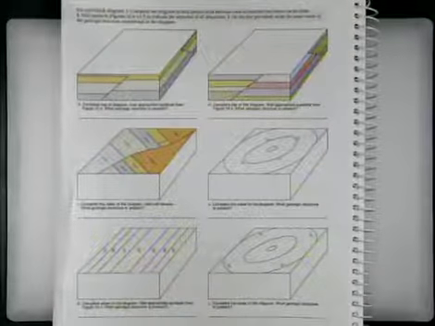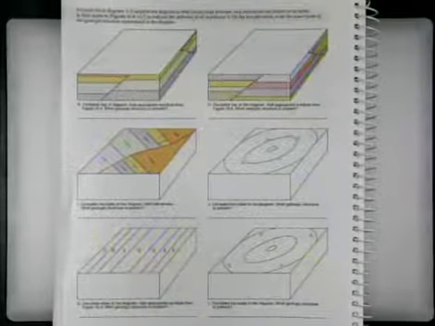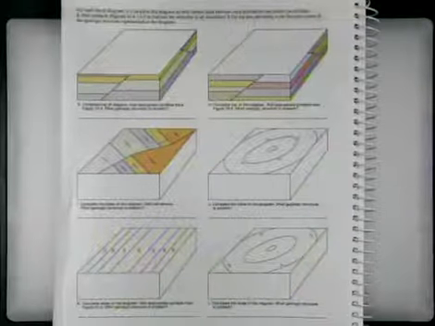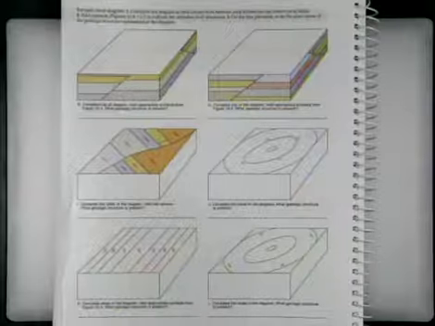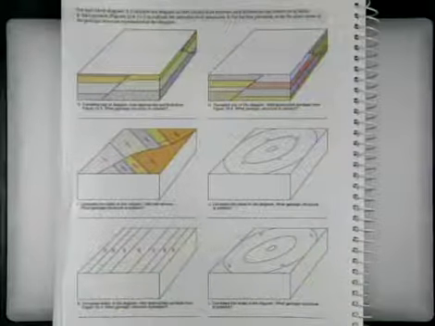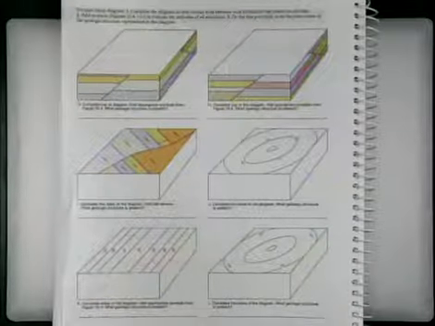Turn the page because you've got some more work to do on the back side of this page involving not only folded rocks but also faulted rocks. So be sure that you review the sections of this lab that describe faults and how to name them as you work on these blocks.